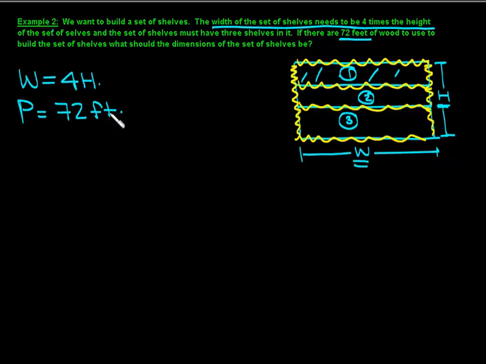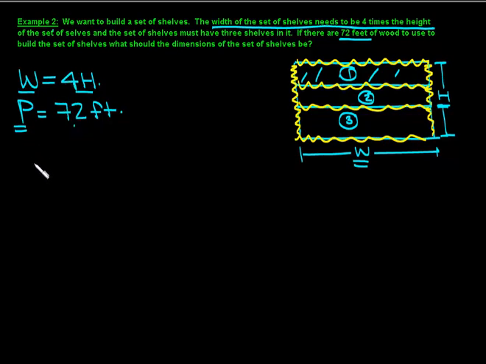Okay, they gave us this, we were able to draw this nice picture to help us out, and they told us a few things about the relationship between the width and the height, and they've told us something about the perimeter. Okay, so now we need to come up with a formula that relates the knowns and the unknowns. This is known, and these are my unknowns. So I want to come up with a formula that relates that.